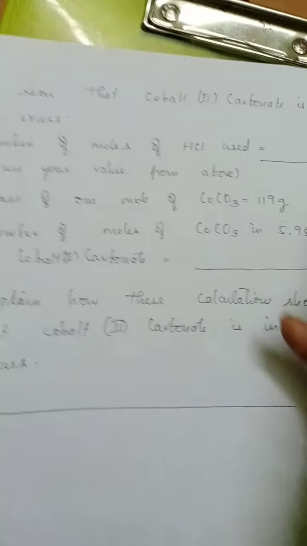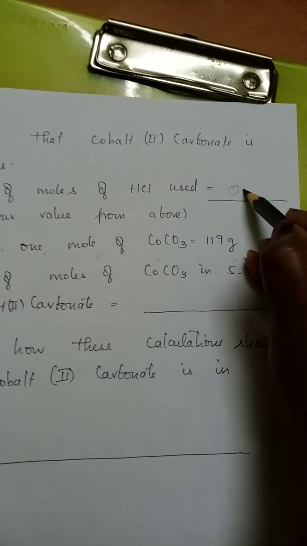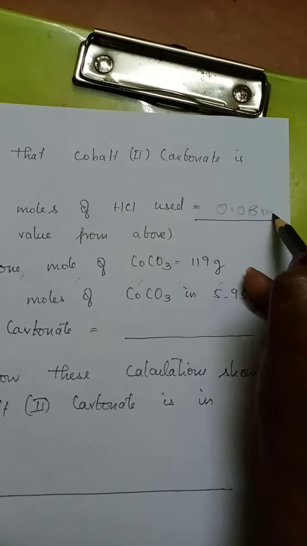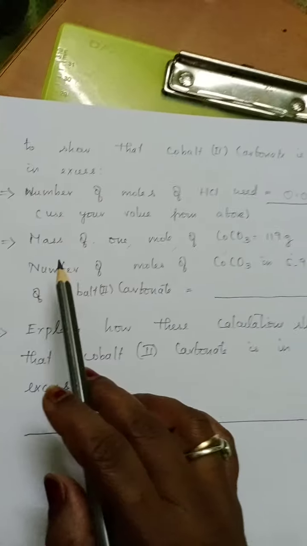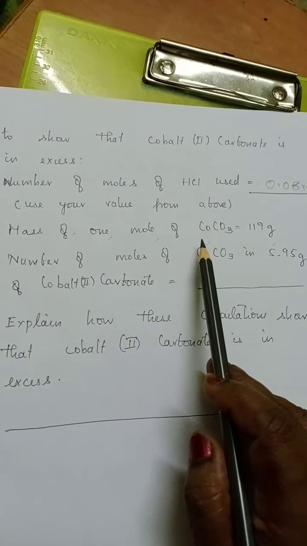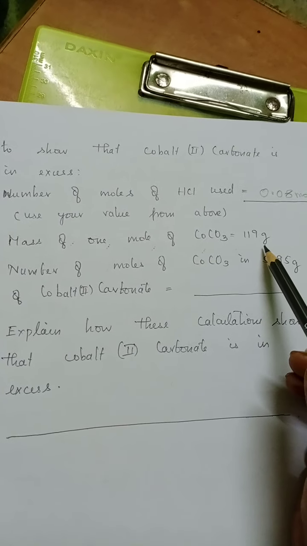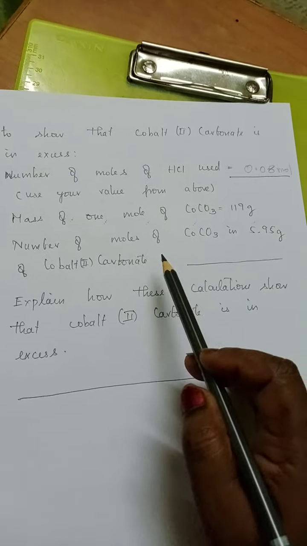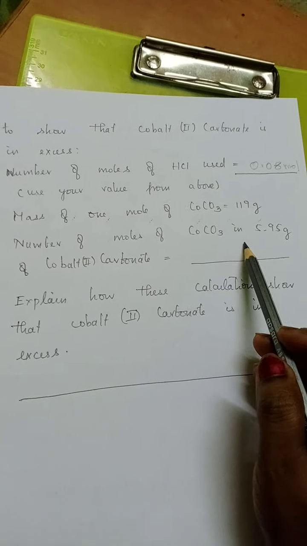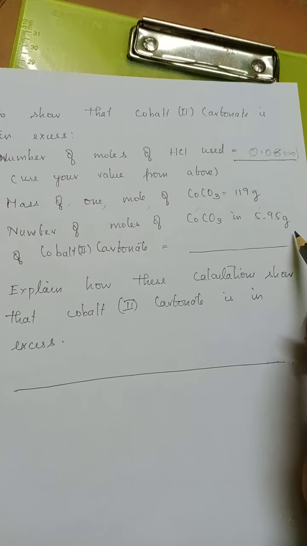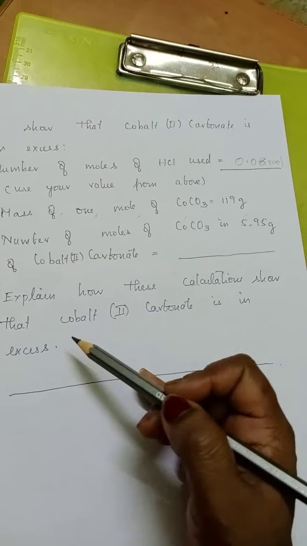So the same value you can write over here, 0.08 mole. Got it? Now, the mass of 1 mole of cobalt carbonate is 119. I mean, the molar mass is given.